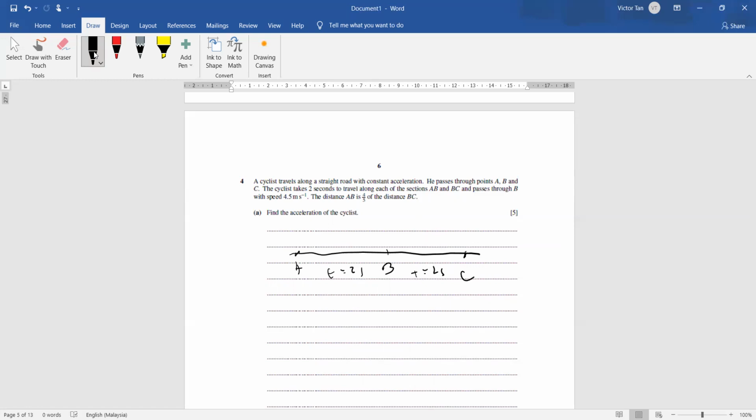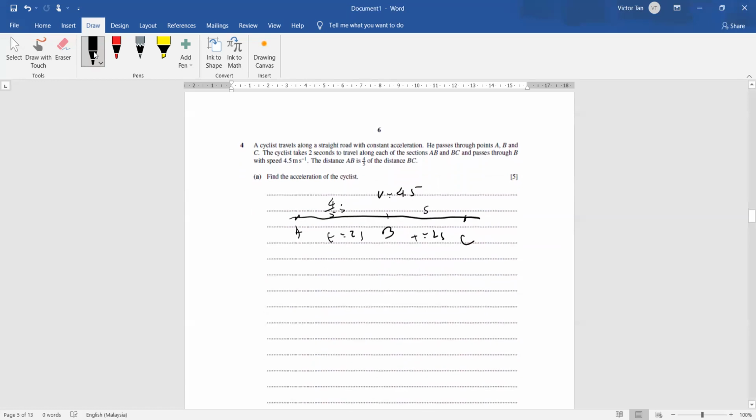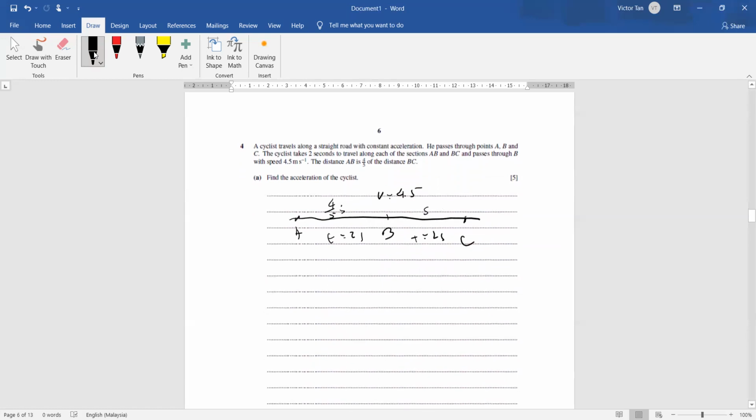And passes through B, so the speed here is 4.5. The distance AB is 4 over 5 the distance BC. So if here is S, so this is 4 over 5. Find the acceleration of the cyclist.